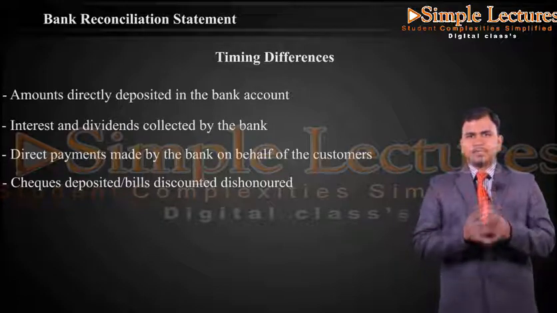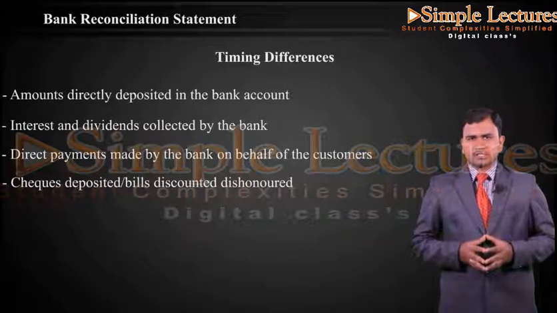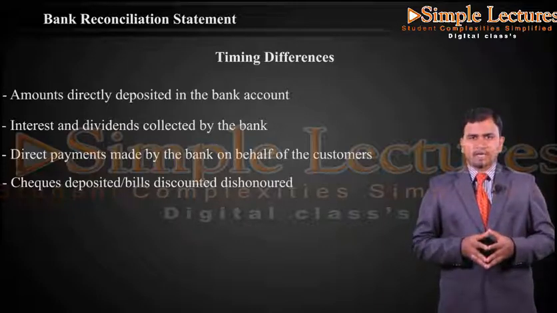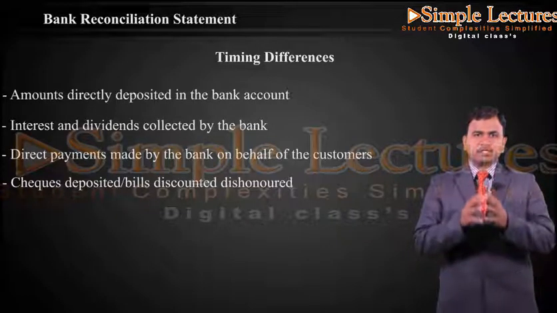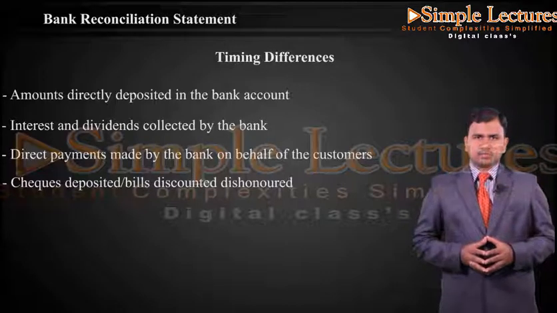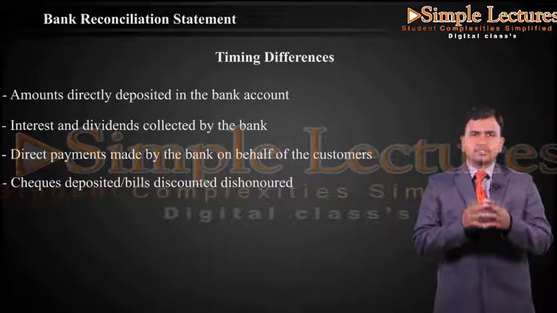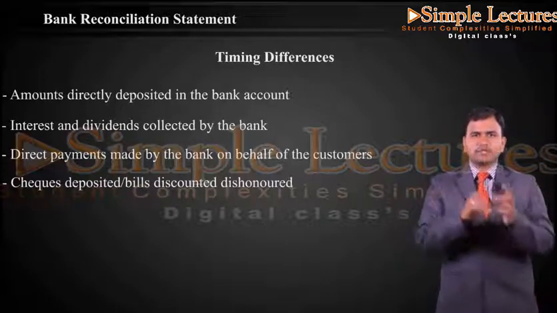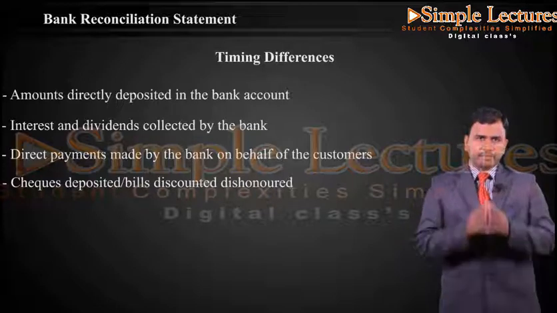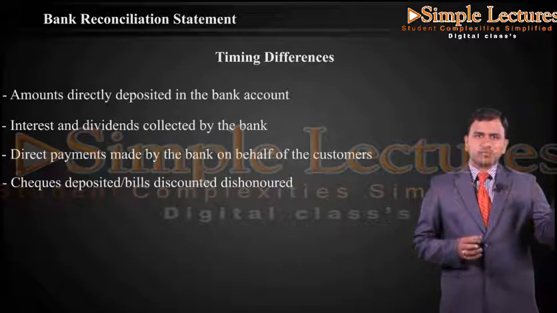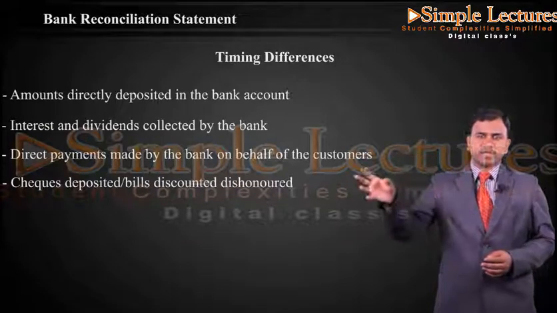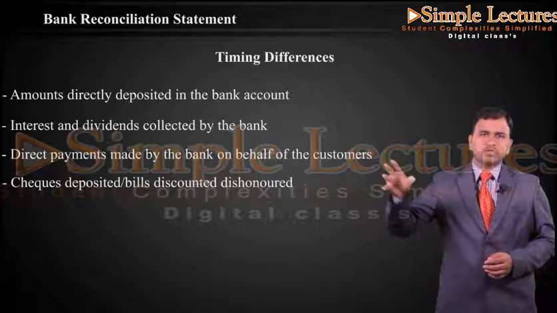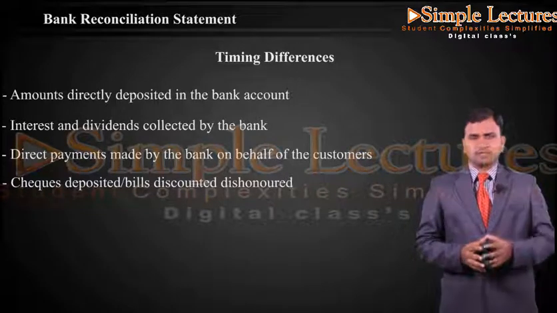Let us take one small example here. If a particular customer is purchasing a vehicle on installment, which is on EMI, easy monthly installments, the customer will have his own passbook. The entries in that passbook will be made only when this person presents the book to the bank. If any installment is paid directly by the bank, it will appear only in the books of the bank, not in the books of the customer.